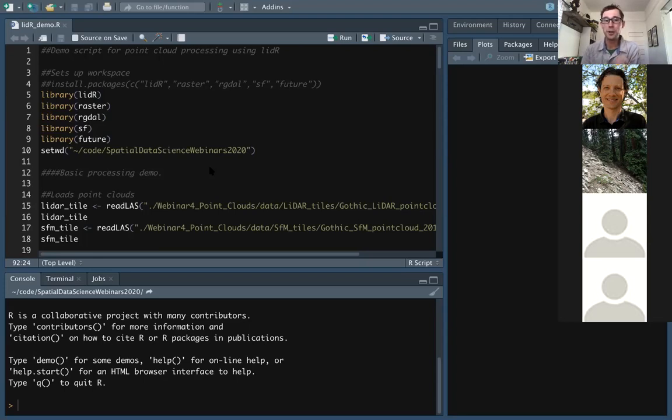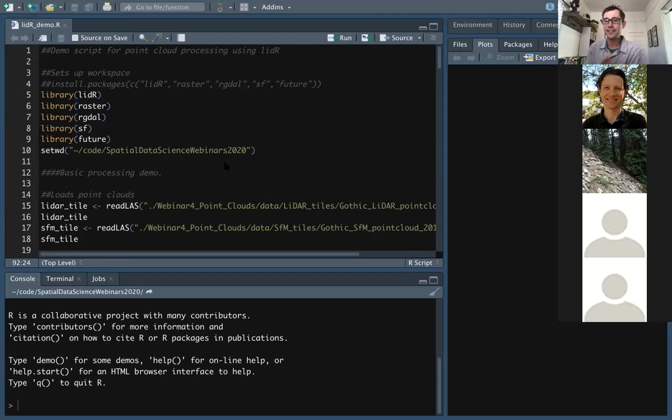So if we script it, we can have good scientific practice, and it also unlocks a ton of tools that are available in different packages. The most important one that we're going to deal with is one called lidR, and it's written primarily by Canadian researcher Jean-Romain Roussel, I think is his name.